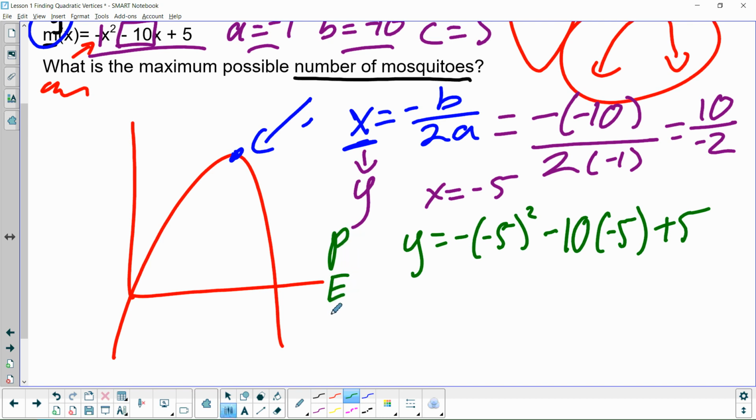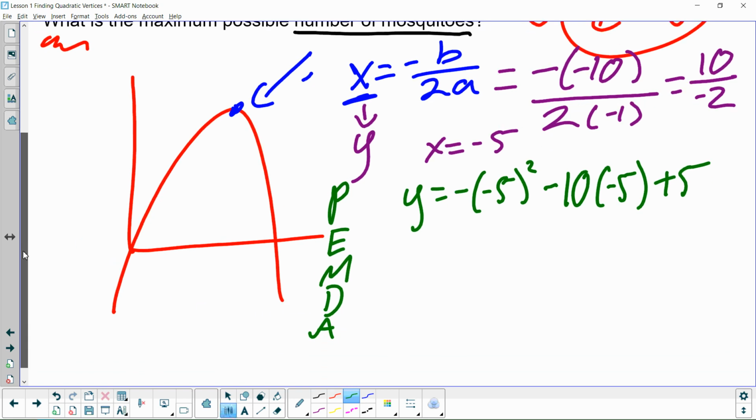So we're going to do our parentheses. Well, I can't just simplify a -5, so those are done. Exponents. So I need to square this -5. Be careful, this negative is not part of the squaring. It's just going to stay out in front. -5 squared is -5 times -5. So the negatives cancel, and this becomes just 25.